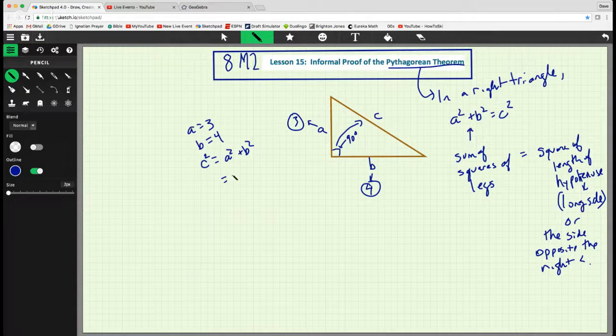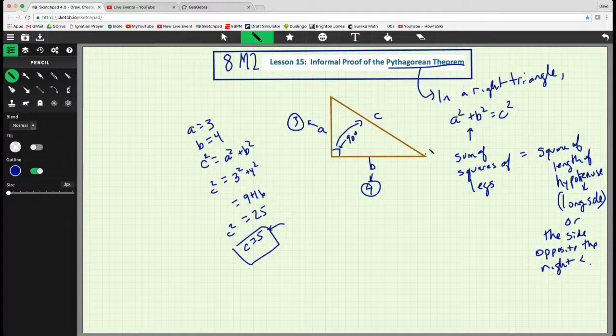So if we plug in our numbers, we get 3 squared plus 4 squared equals c squared. And 3 squared plus 4 squared is 9 plus 16. That's 25 equals c squared. So c equals 5. It doesn't always work out to be an integer number, a whole number. It doesn't always work out that way. But in this case, there's certain numbers that actually will work out.